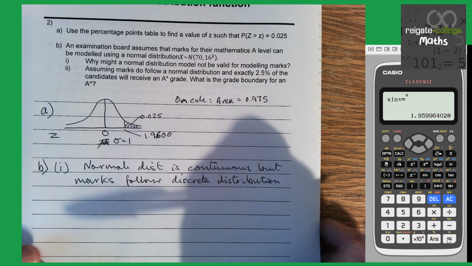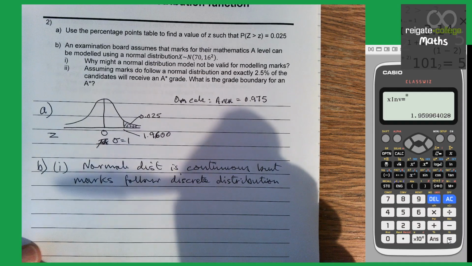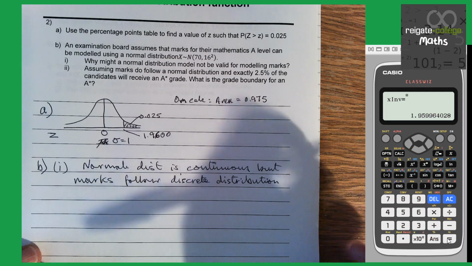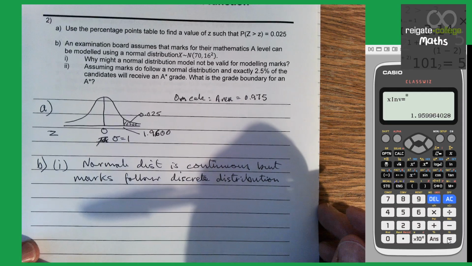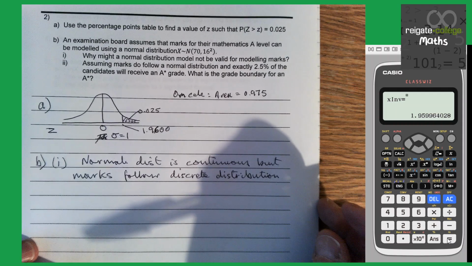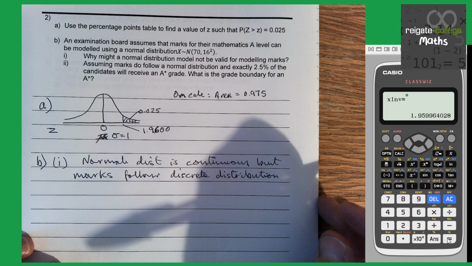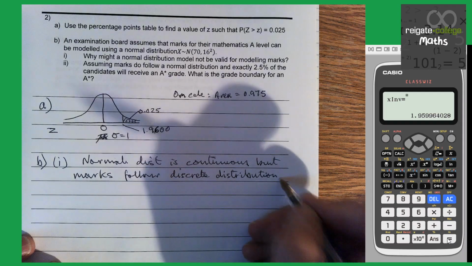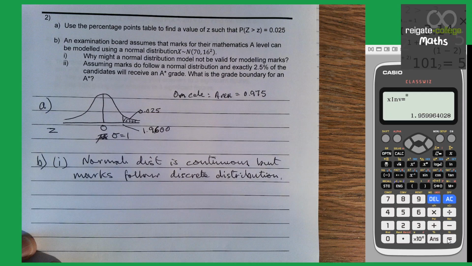Now that might be valid, but we do actually use the normal distribution function to approximate for large samples to a binomial distribution. So, and we'll see that later on. So that's possibly not an entirely reasonable criticism.